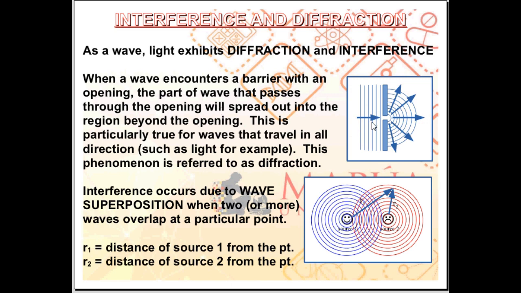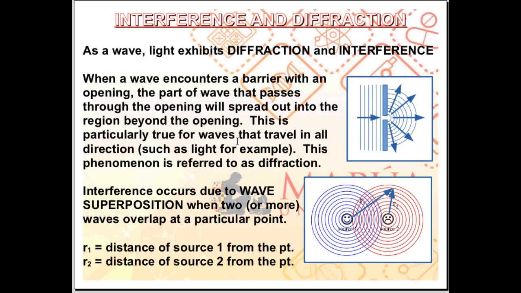When a wave, for instance a light wave, encounters a barrier, the part of the wave that passes through the opening in the barrier will spread out into the region beyond the opening.